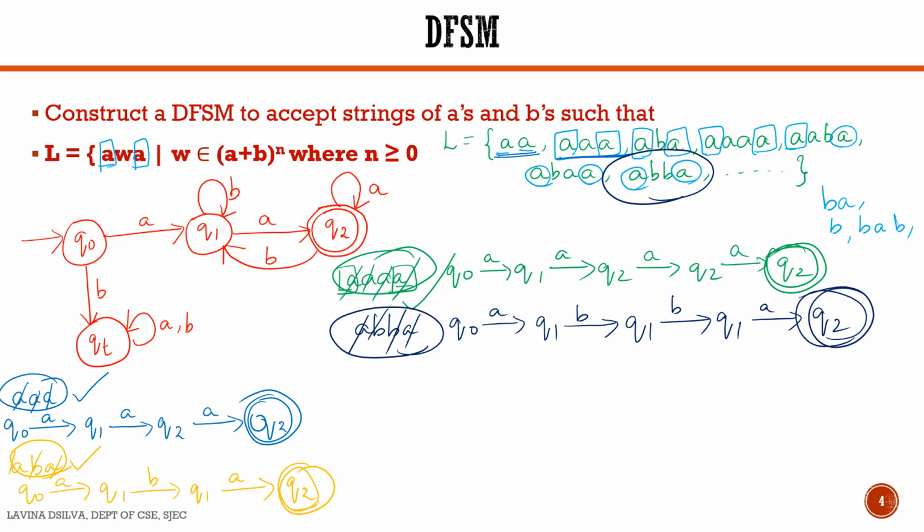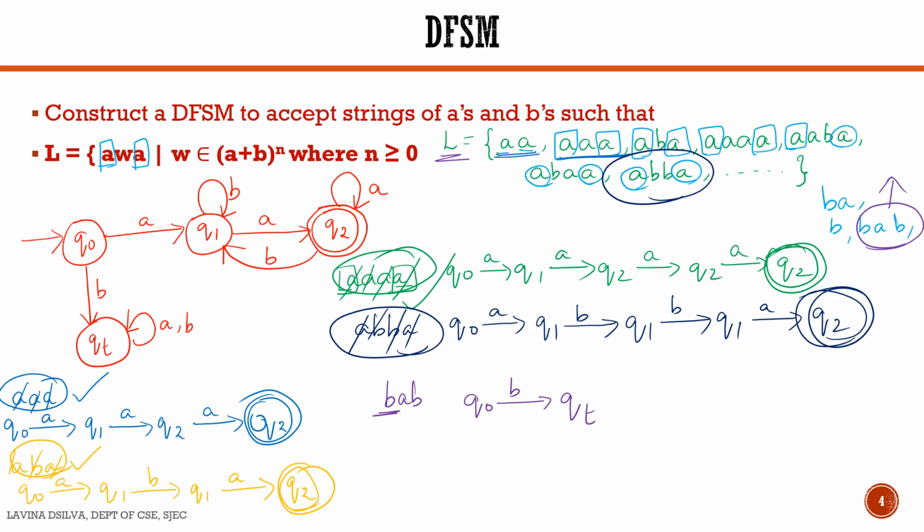Okay, next I'll take this input, BAB. It is not mentioned in this language. I'm just taking an example string BAB. In case an input BAB is given, what will happen? The moment the DFSM is in Q0 state, if you give a B, where does this system go? It goes to Q trap state.